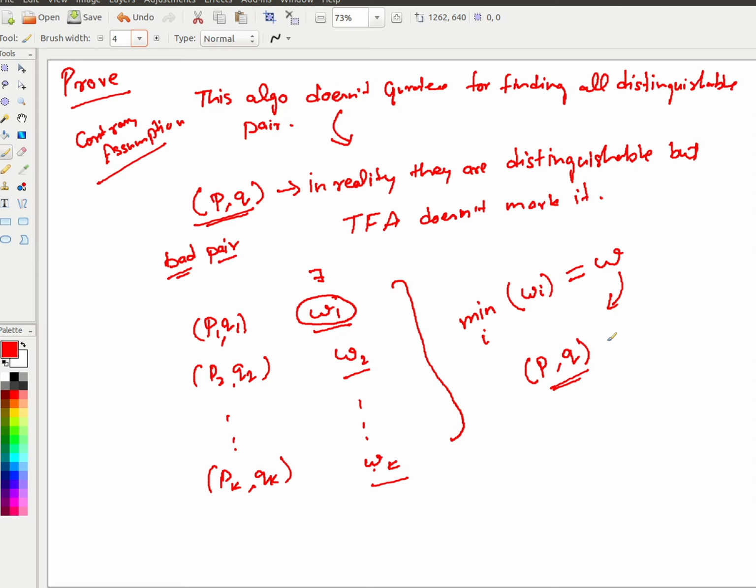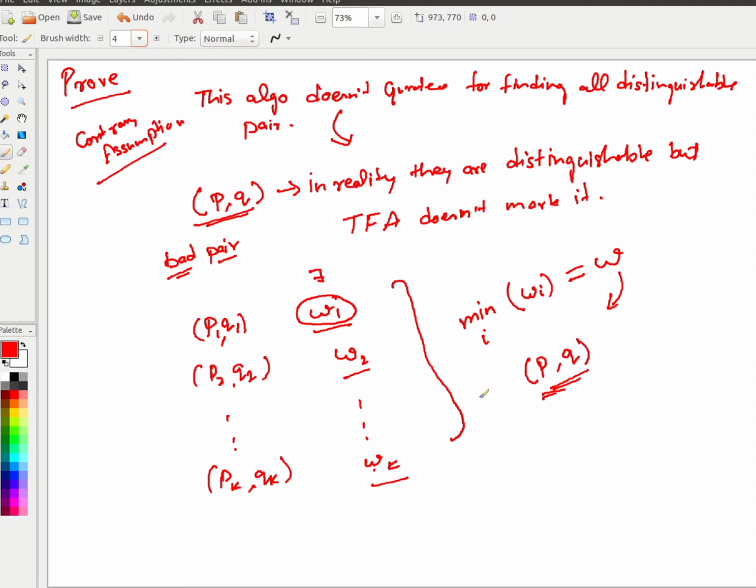Bad pair means in reality it is distinguishable, but the algorithm doesn't find it. So PQ is that bad pair which is distinguishable by the smallest length string among all bad pairs. I took the minimum for each of them, and then I picked the minimum out of it. So PQ is such a bad pair.